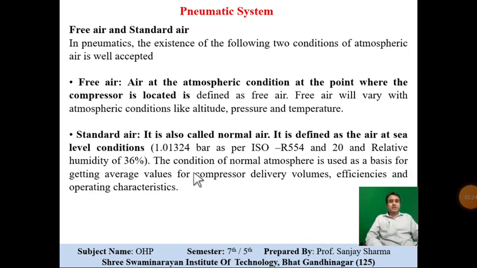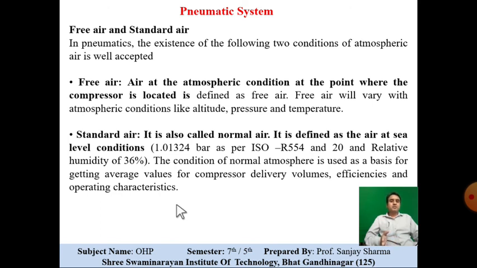So you can see here that the condition of a normal atmosphere is used as a basis for getting an average value of compressor delivery volume. Depending on the free air condition at the inlet, the standard air, which is used for operating the actuators, is the basis on which the delivery volume, efficiency and operating characteristics are obtained.